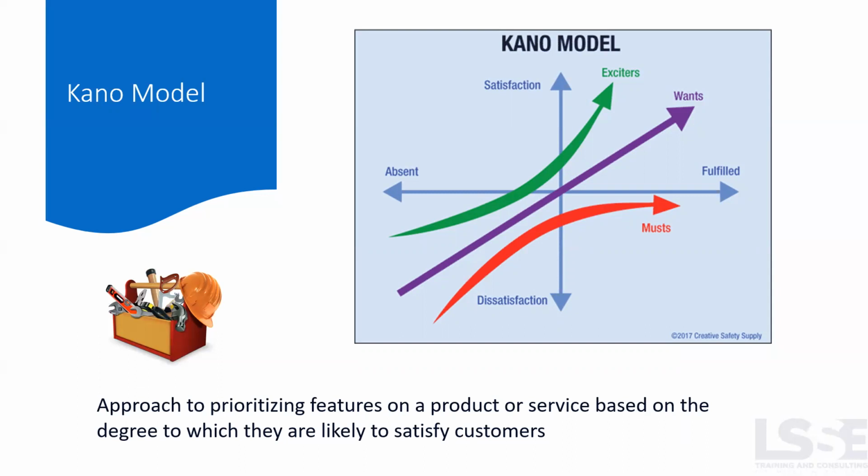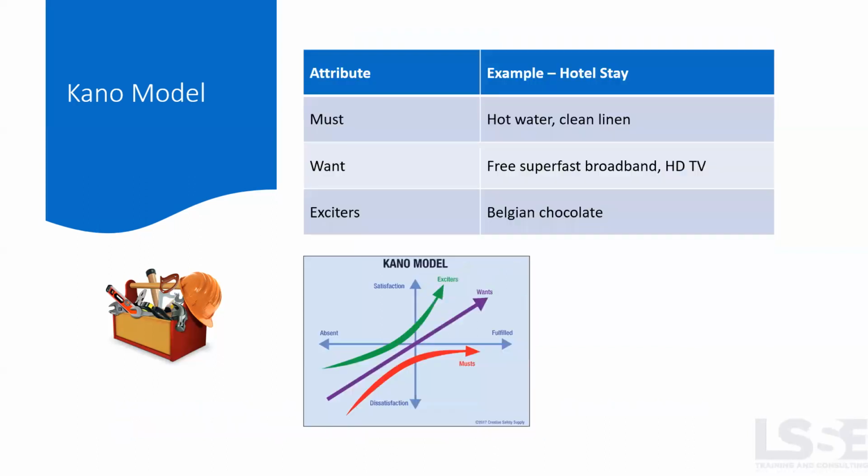According to the Kano model, the features can be classified primarily into three: the exciters, the wants, and the musts. The wants are also called the satisfiers, and the musts are the dissatisfiers.